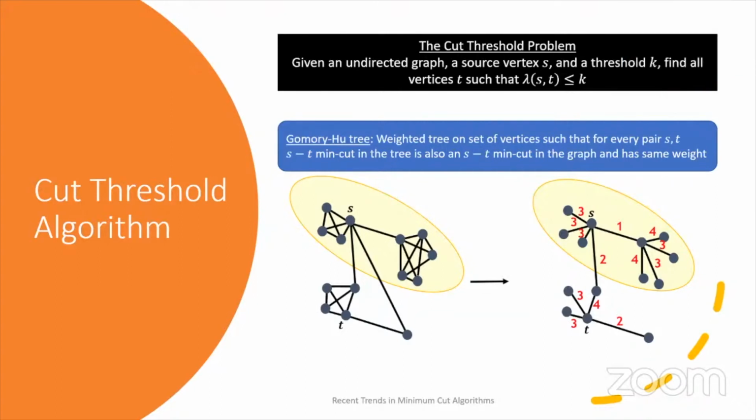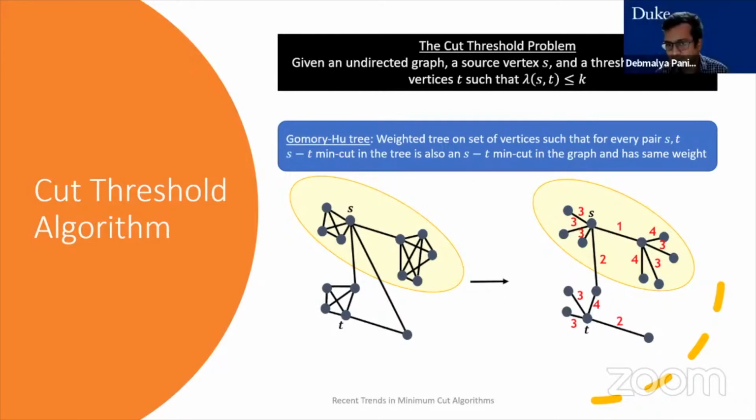Given any undirected graph, which may or may not be weighted, the Gomory-Hu tree of this graph is a weighted tree on the same set of vertices with the following property. If I take any two vertices in this graph, let's say the vertices S and T that I have shown here, and look at the tree, I can easily determine the minimum cut between S and T.